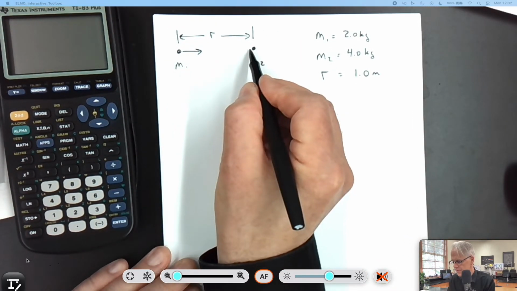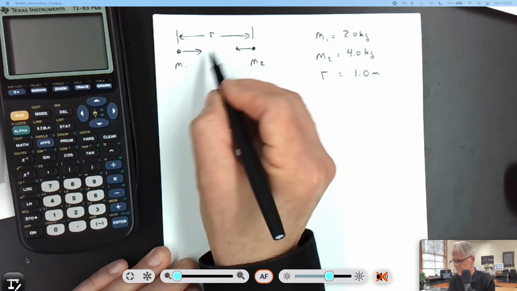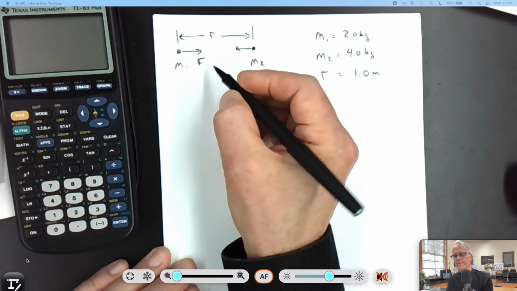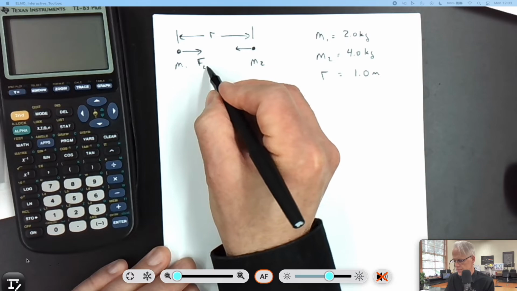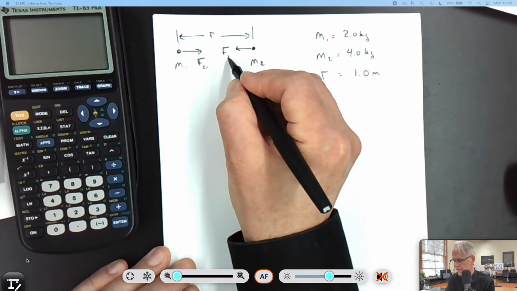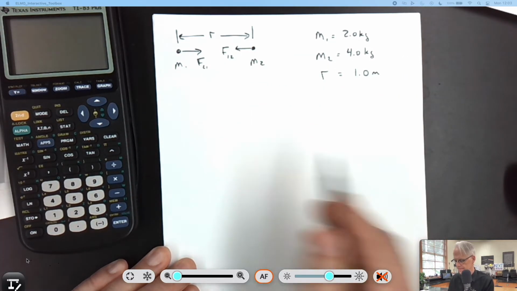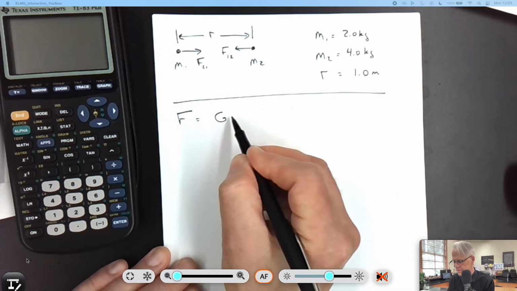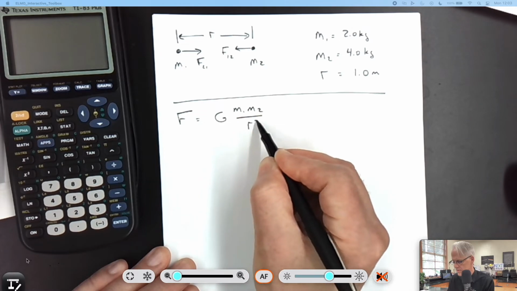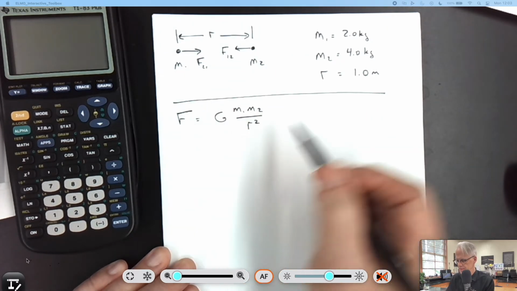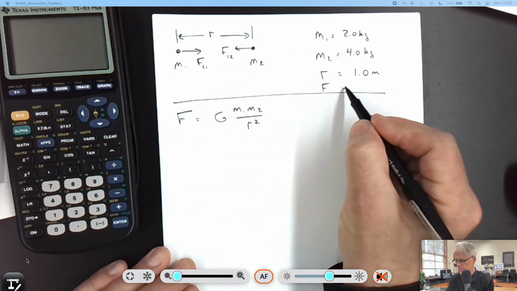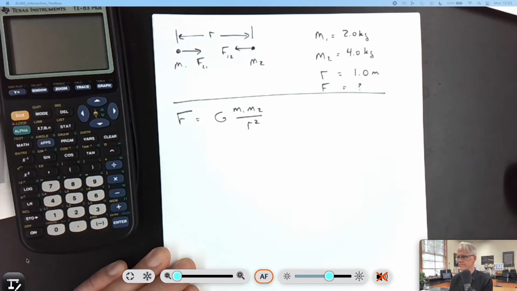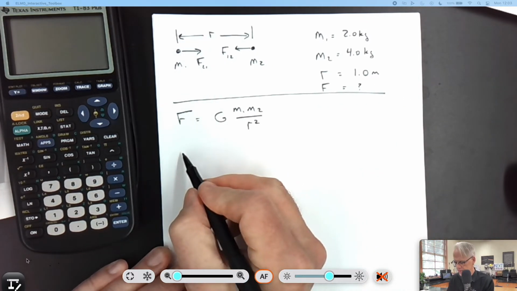What's the force of gravity between these two masses? This will be F2 on 1, F1 on 2. Here's our equation. Our equation is solved for what we want to know. Now let's just plug and chug.